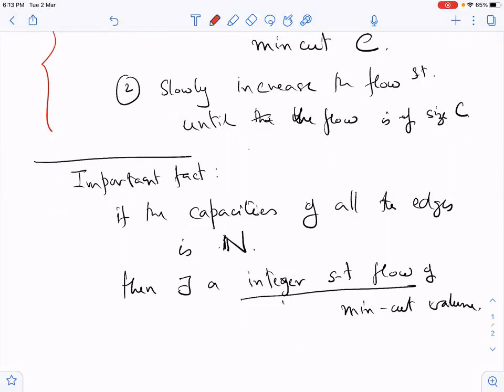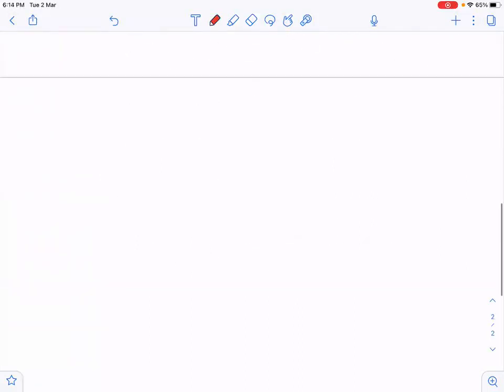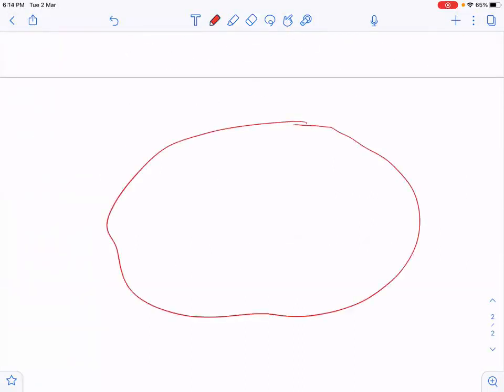So let's see here. Okay. I have a graph, say S and T. Now the min cut is C. Now see, this graph has all the capacities equal to 1, unit.